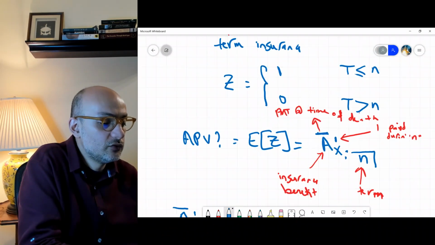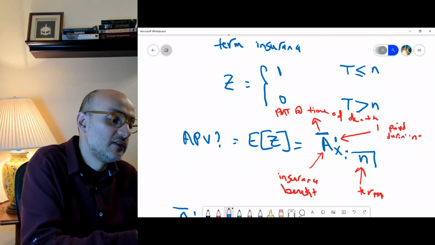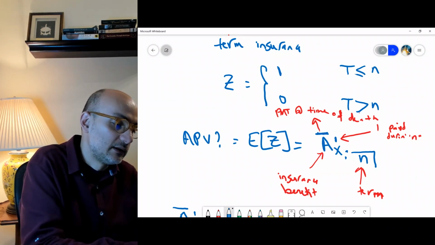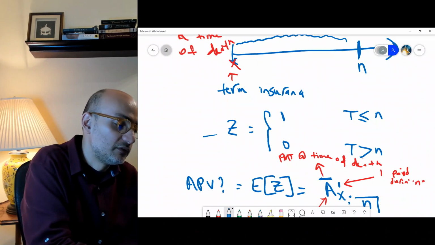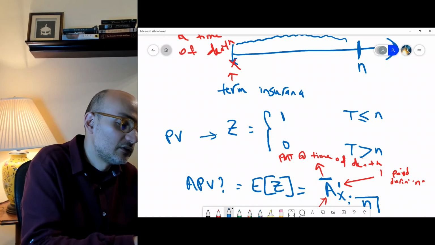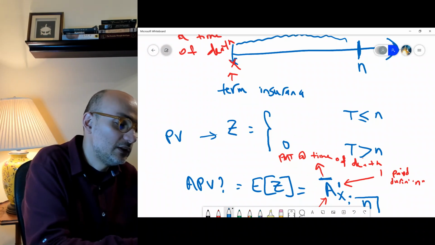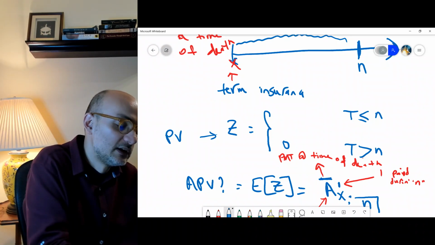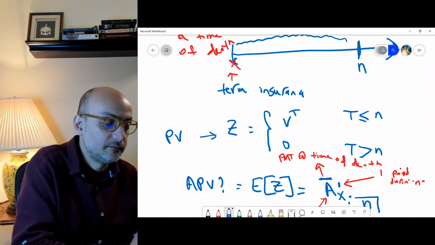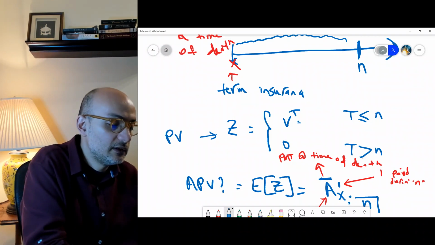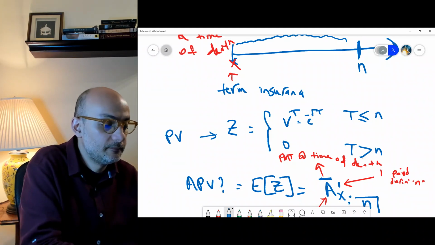Just to clarify, it's not actually 1 here, because the 1 is at time of death, but Z is the present value. We need to discount the $1 back, so the present value of the $1 will be v raised to t, the time of death, where v is the discounting factor. Or we can think of it as e to the minus delta t.